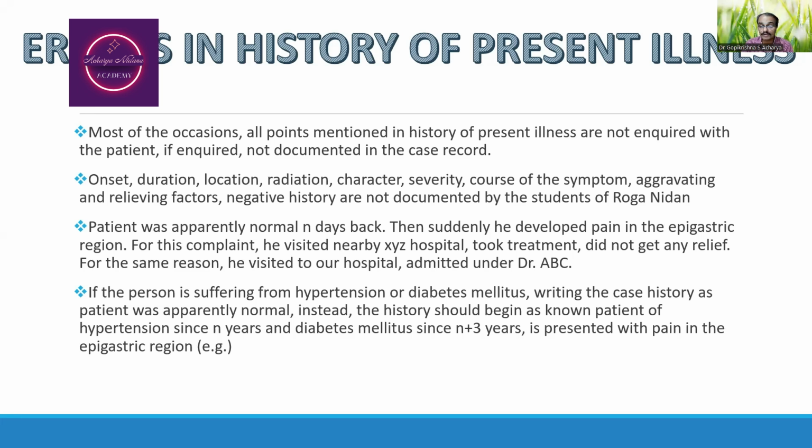Suppose the person is suffering from hypertension since 3 years and diabetes mellitus since 3 plus 3, 6 years, then the history should begin: known patient of hypertension since 3 years and diabetes mellitus since 6 years. Ideally, diabetes mellitus since 6 years and hypertension since 3 years, that will be the method of writing the case history.